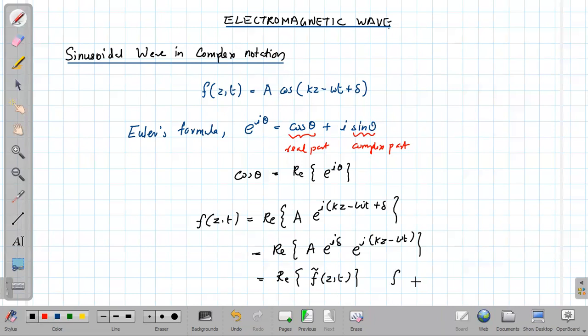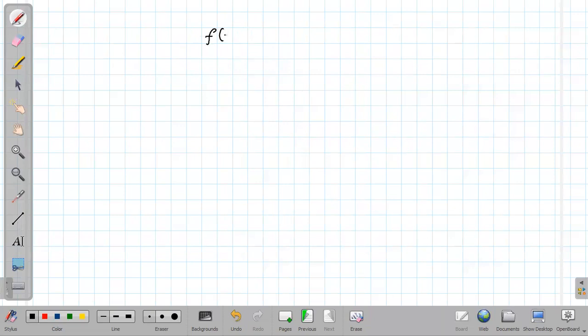So what is f tilde now? f tilde of z,t is equal to A times e raised to i delta, which I'm going to denote by the symbol A tilde, times e raised to i (kz minus omega t). So we have the original function f of z,t as A cos(kz minus omega t plus delta).